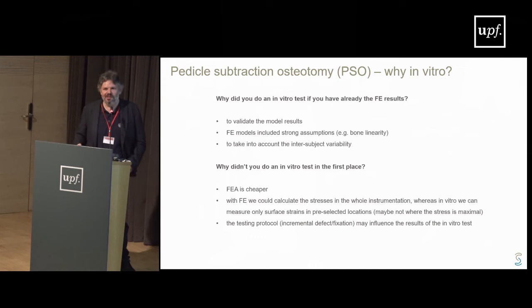We used 7 spines to test different conditions, which means each spine was used several times in different configurations. We had to repeat the study by making incremental changes, adding one implant, removing one implant, and so on. This repeated testing and making changes can damage the specimens with time. And this is something that we do not have with the finite element model because, of course, in the model we can modify the specimen as many times as we want without propagating and accumulating damage.